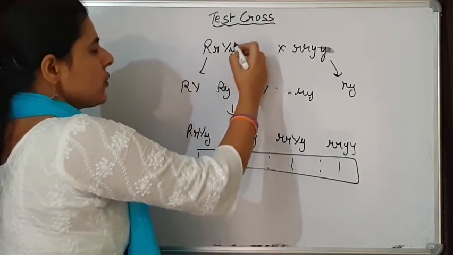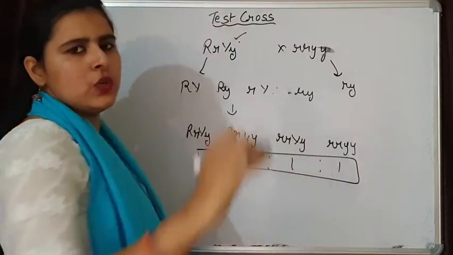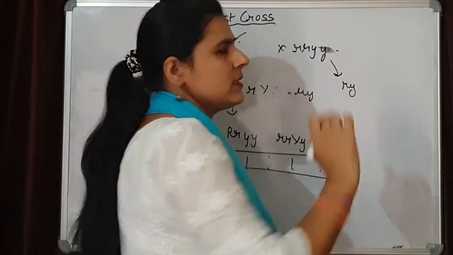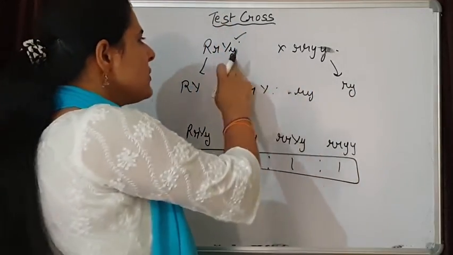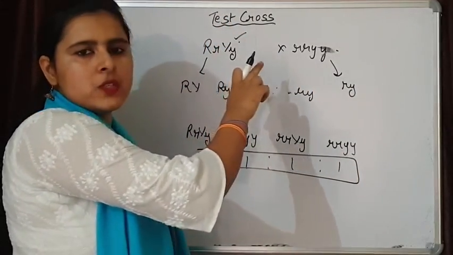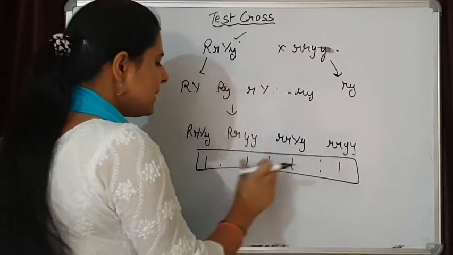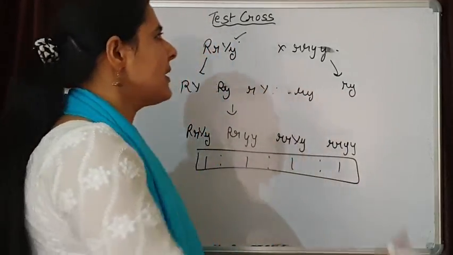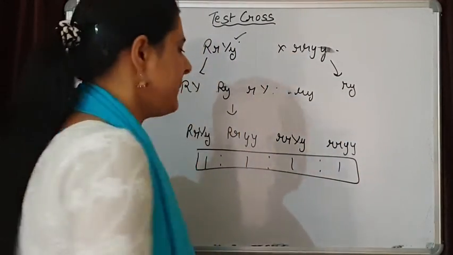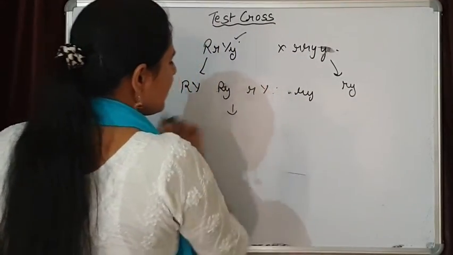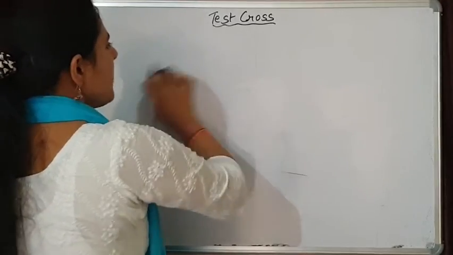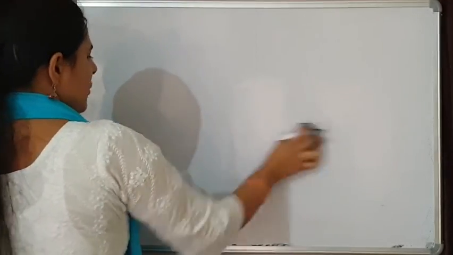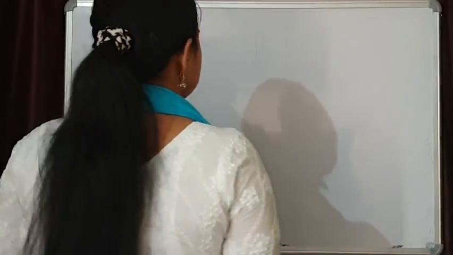And this dihybrid test cross is done between an unknown genotype and a recessive parent. So if it is heterozygous for both the characters, only then this test cross ratio is going to come. The reason for a test cross is simply to know the genotype of an unknown plant.